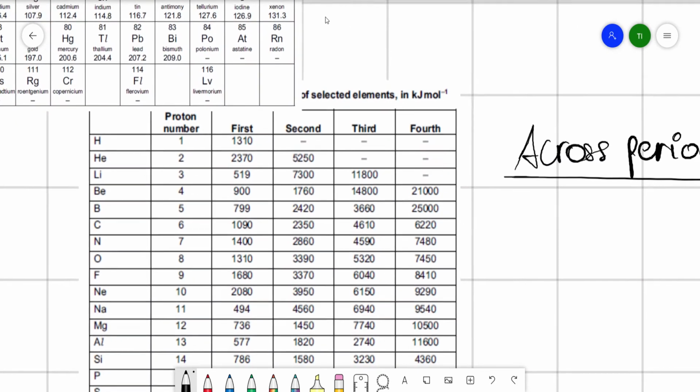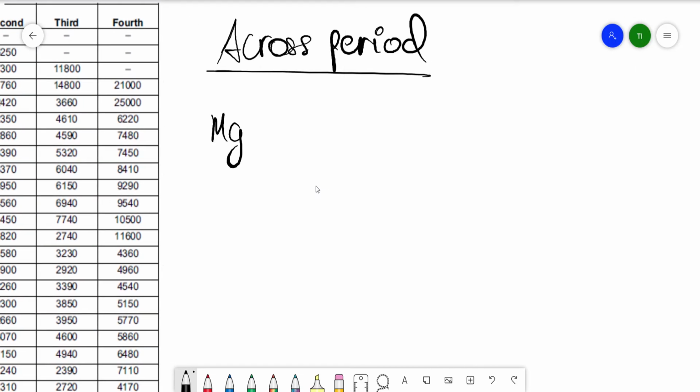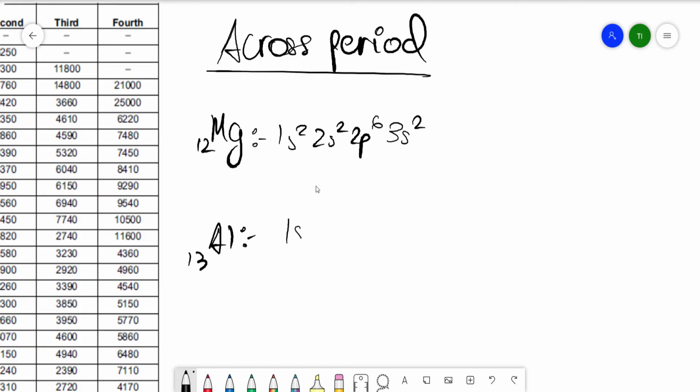And let's get on to why that's the case, okay? Magnesium has an atomic number of, I believe, 12, and aluminium has an atomic number of 13. So magnesium will be 1s2, 2s2, 2p6, and 3s2, whereas aluminium is 1s2, 2s2, 2p6, 3s2, 3p1.